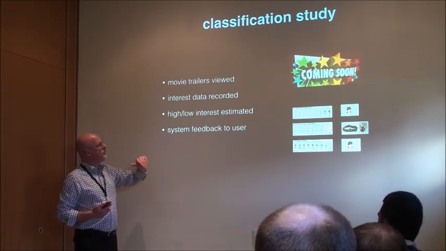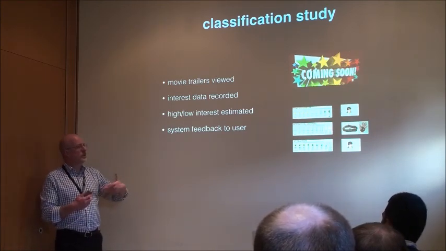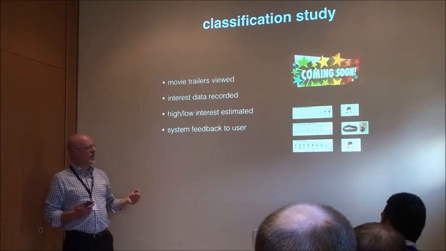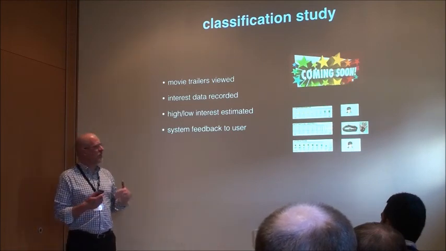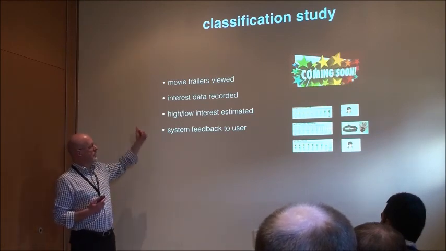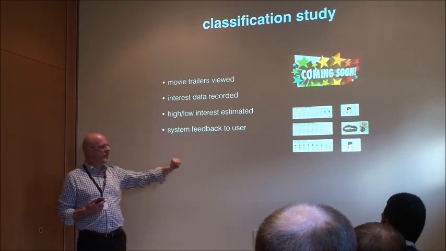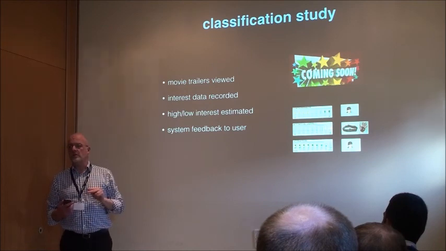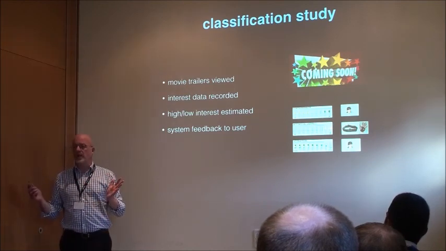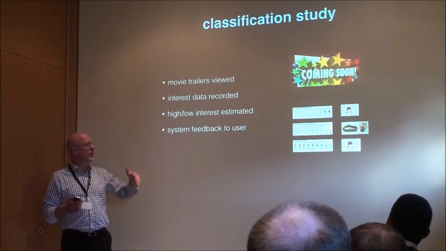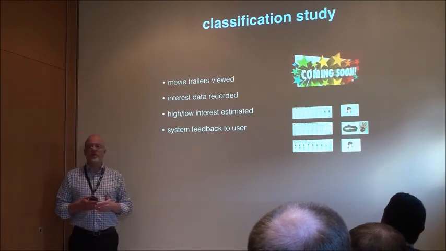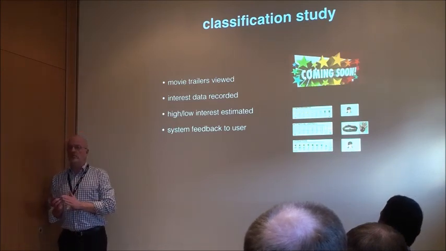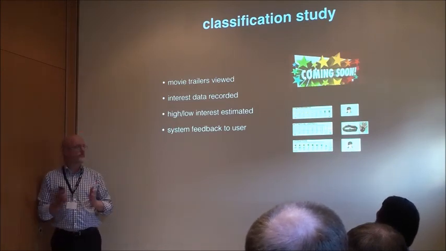And we had developed an algorithm that said if the person is interested in something, then they find it attractive, they're activated by it, and they understand it. So we were trying to measure interest in real time using these different measures. And we measured interest as a binary state, either low interest or high interest.